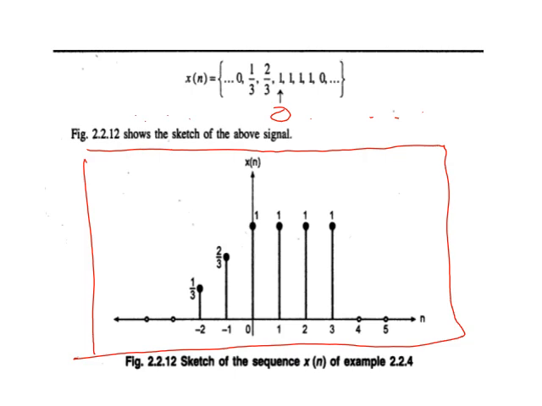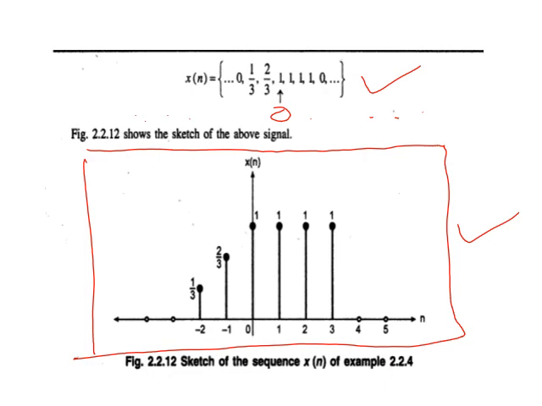We prefer representing a discrete time signal by this method, the graphical method, and we avoid the functional as well as the tabular representation. We prefer these two. Why? Because it is very easy to understand.